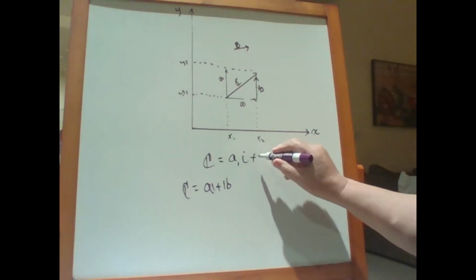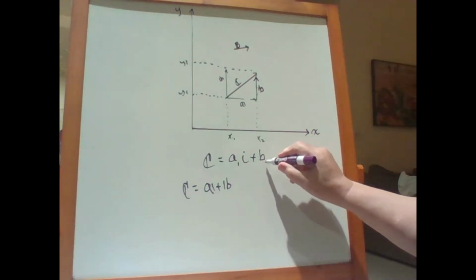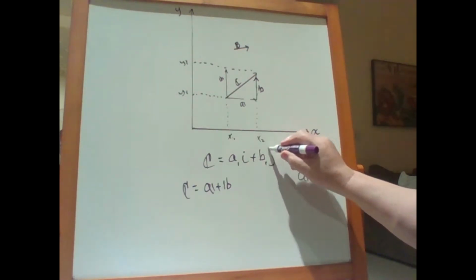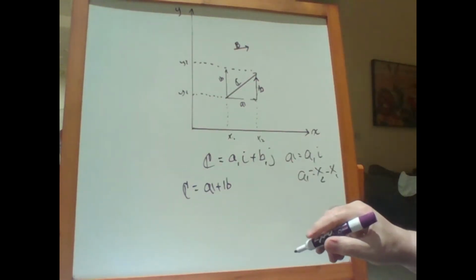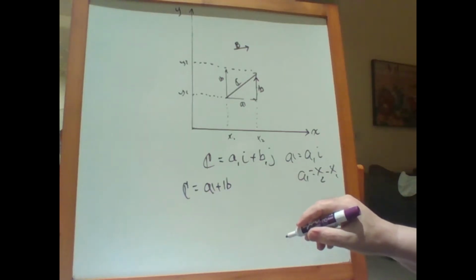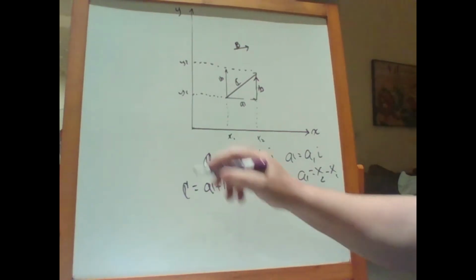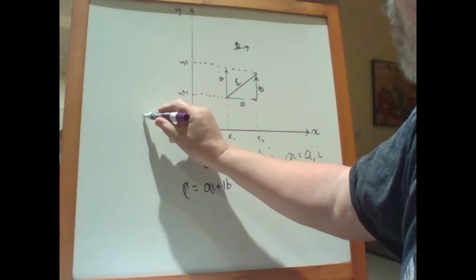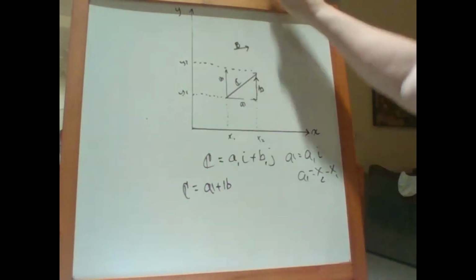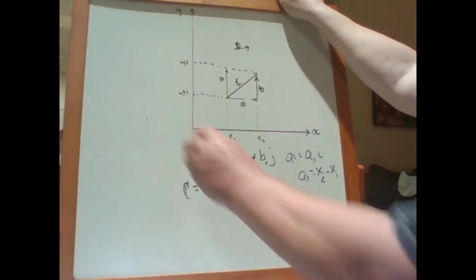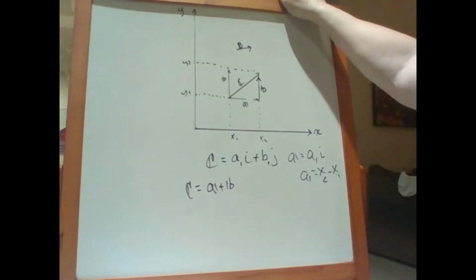And C has also got B1 J. And J is, again, a unit vector. What I mean by unit vector is that it has a value or a magnitude of 1. So any value multiplied by it, or by 1, is itself. So it doesn't affect the magnitude of the vector.